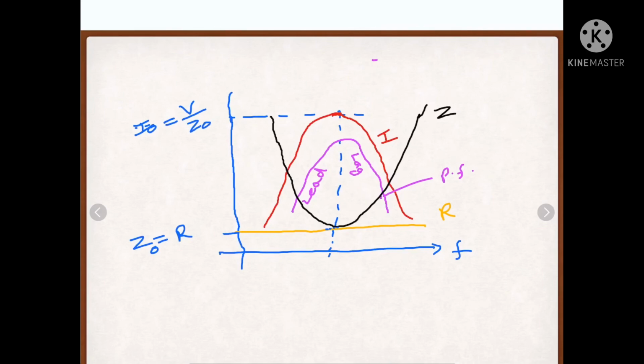If you mention this much, it's going to be more than sufficient. Just draw a graph like this and explain one by one all quantities, what is the formula for a particular quantity and how they are varying. That will be sufficient for you to get full marks.